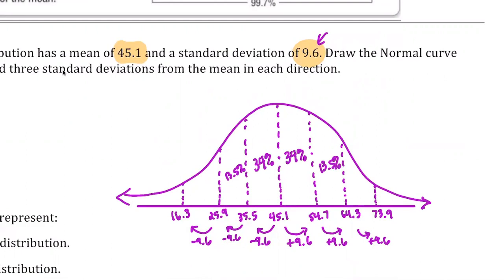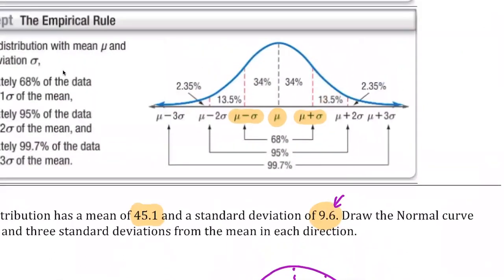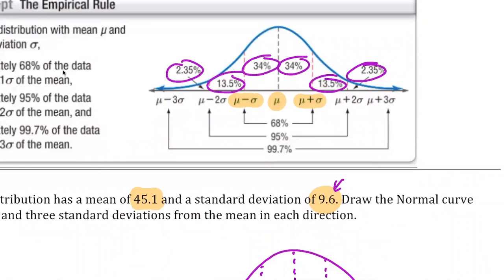And in that last section, there's about 2.35% in each of these. I just copied those percentages from up here. These values are the same in every single normal distribution curve that we work with.